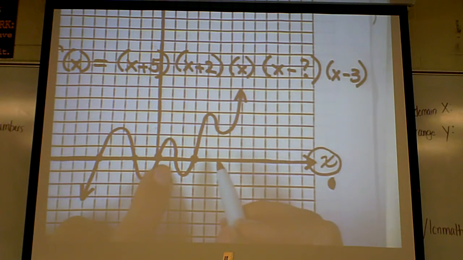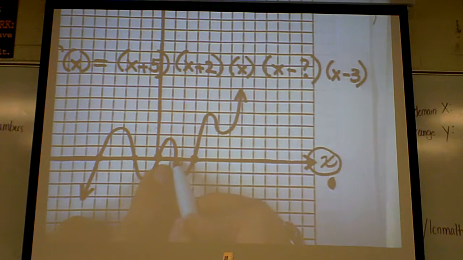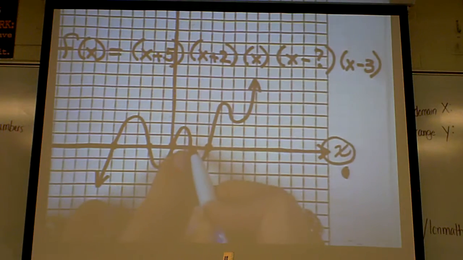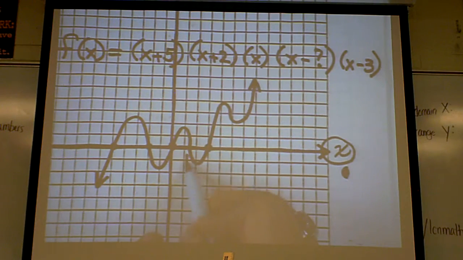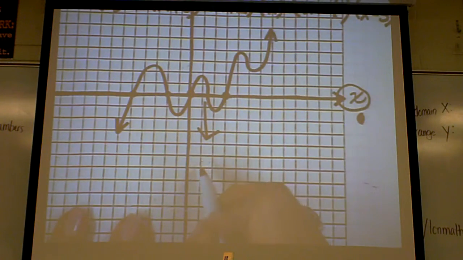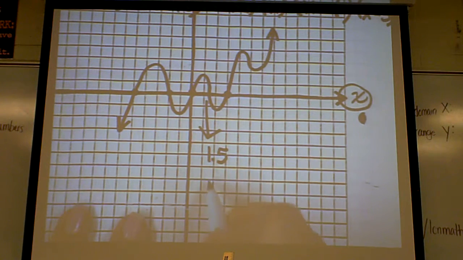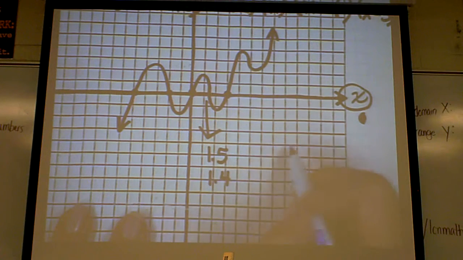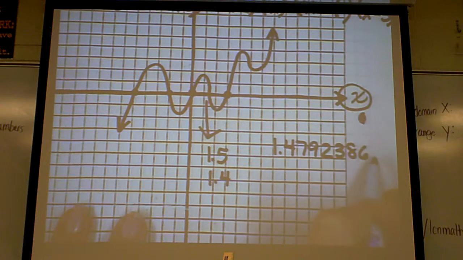Okay, now, see this something? This could be, I'm gonna make stuff up. It could be 1.5. It could be 1.4, 1.3. It could be 1.479238.